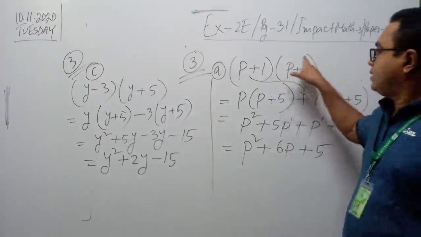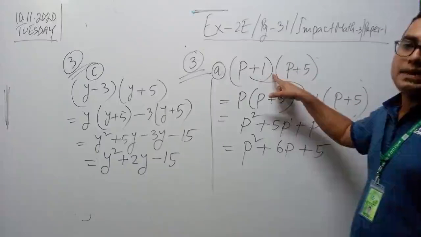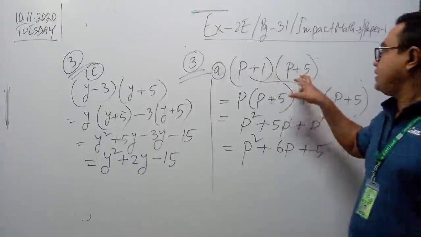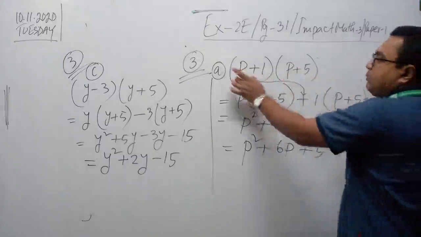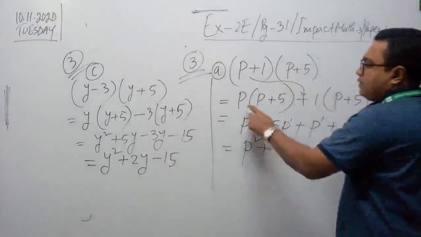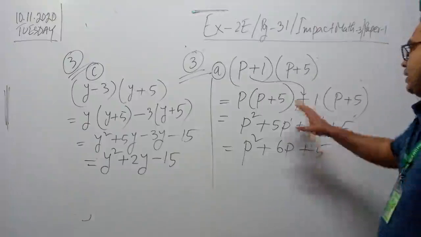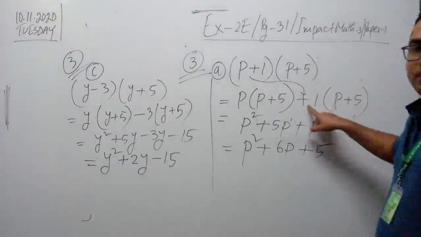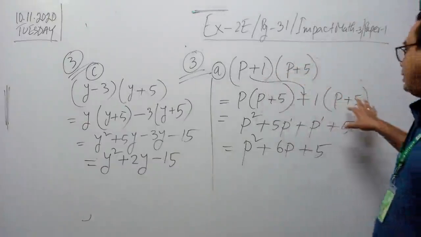Then, if these brackets mean multiplication, multiply this term with p plus 1. First of all, this term, p plus 5, with p, p into p plus 5. First term. Then plus sign here. Then p plus 5 will be multiplied with 1.